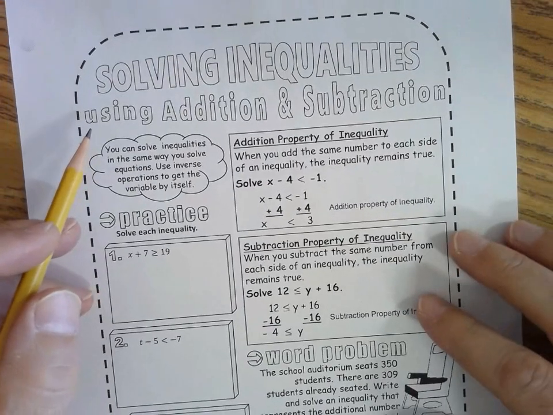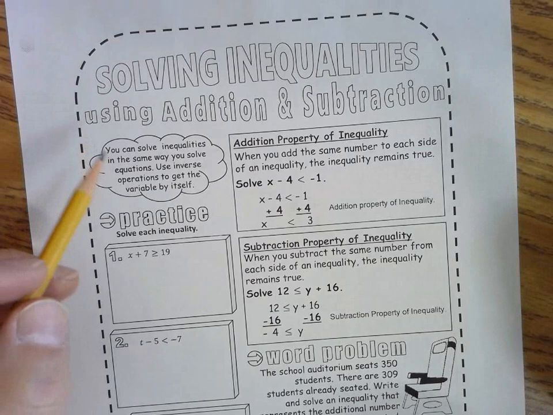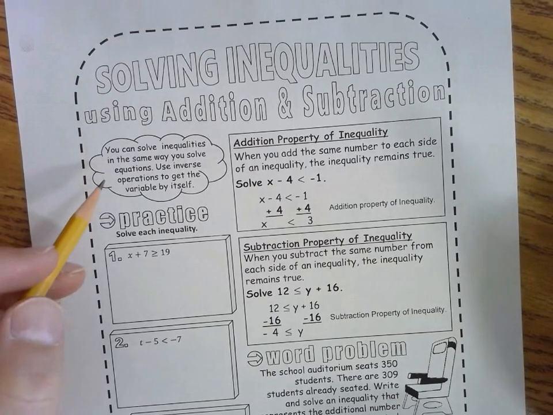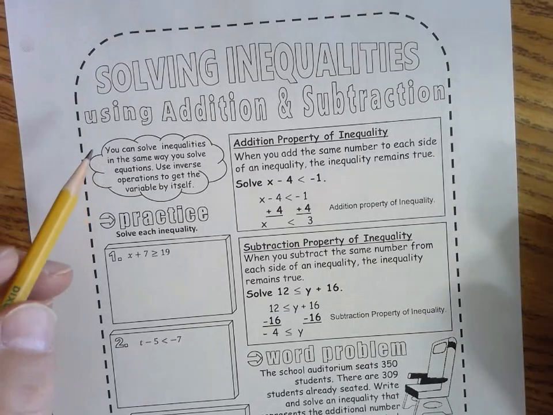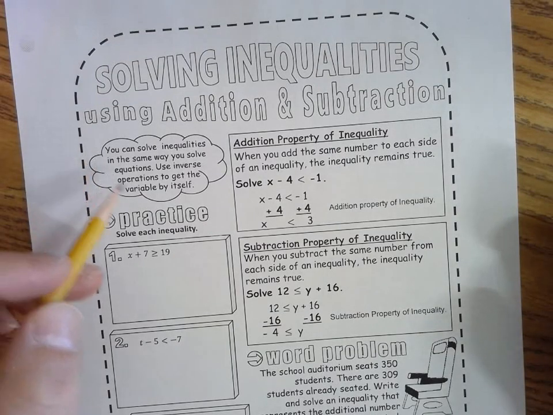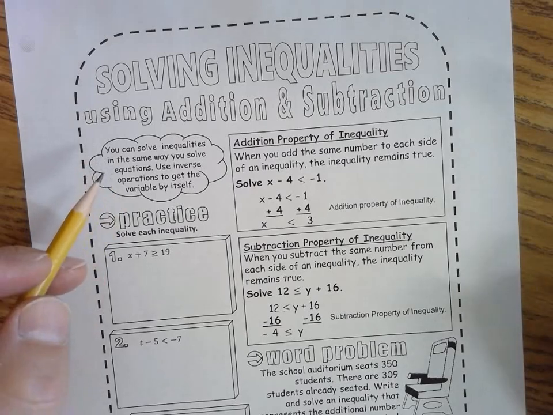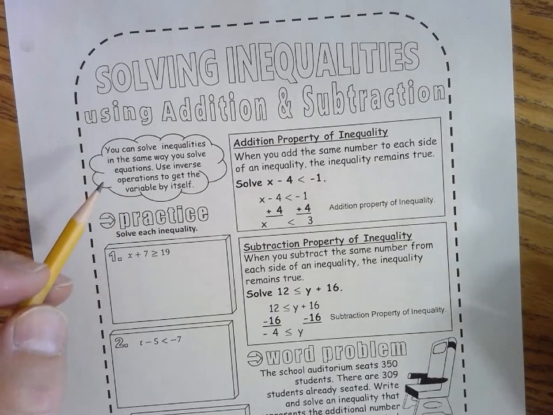So remember, when we solve inequalities, you're trying to isolate the variable, and instead of having an equal symbol like you do for an equation, you're going to have a less than or equal to, or greater than or equal to symbol.